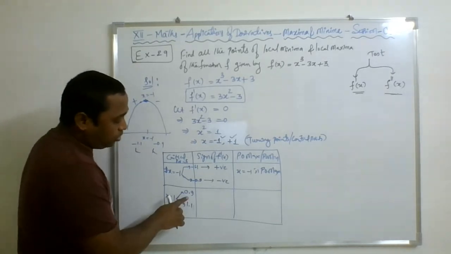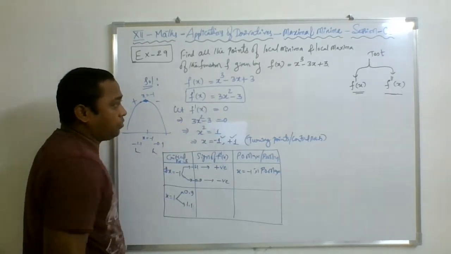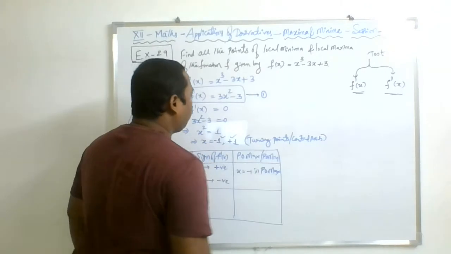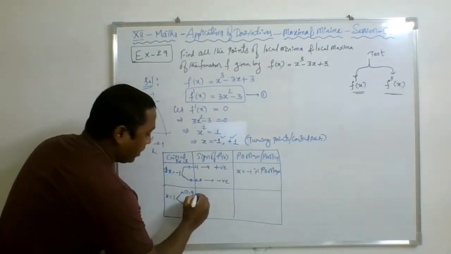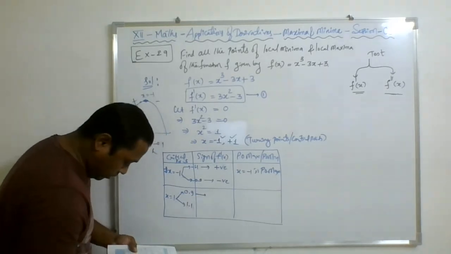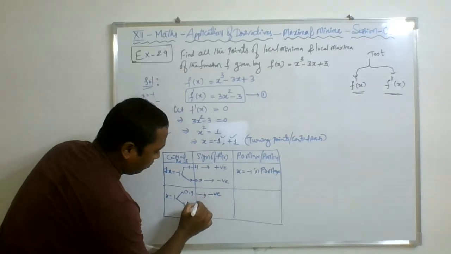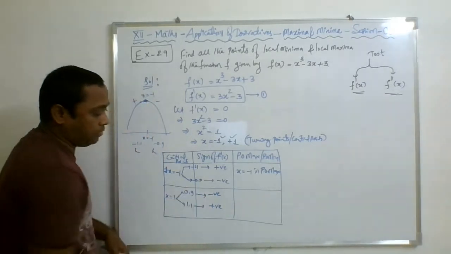So if I substitute 0.9 in the derivative here, you will get a negative value, and when you substitute 1.1, you will get a positive value of the derivative.